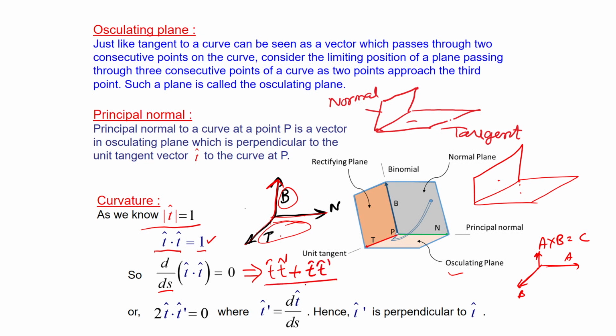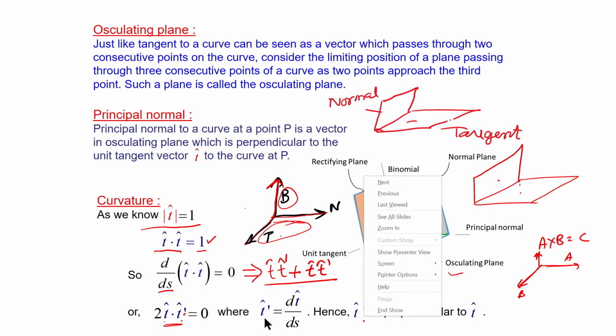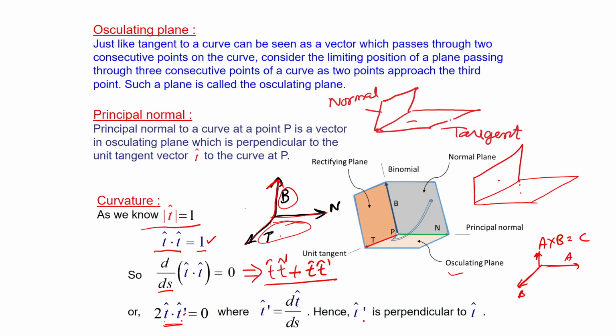So, basically twice t hat dot t hat dash equals 0. What does it mean? It means t hat is perpendicular to t hat dash. So, t hat dash is nothing but dt hat by ds.